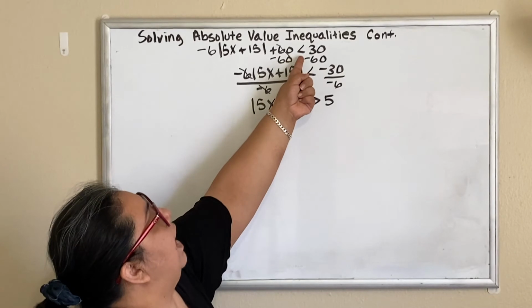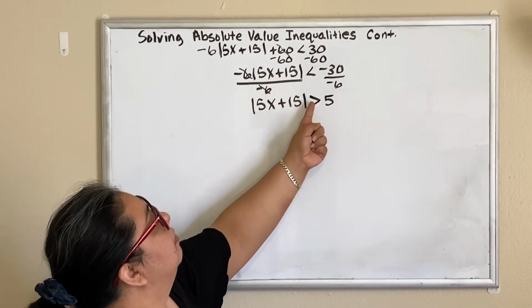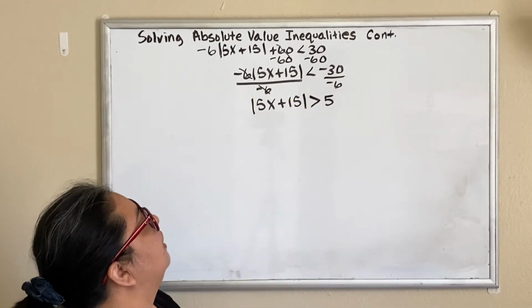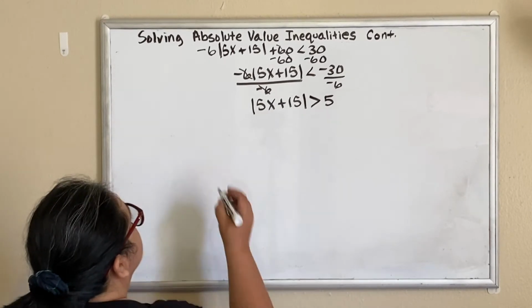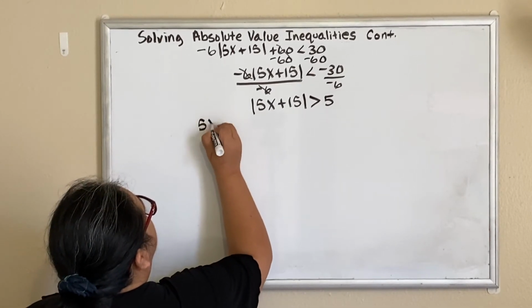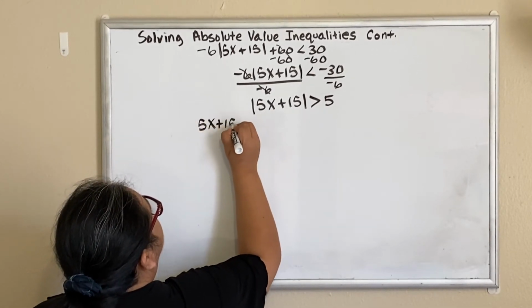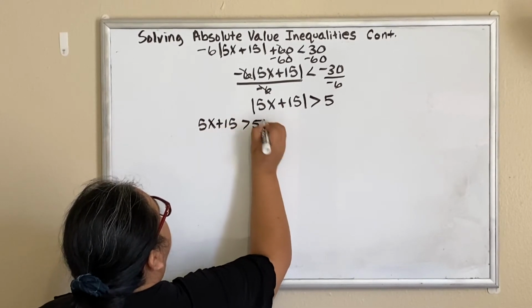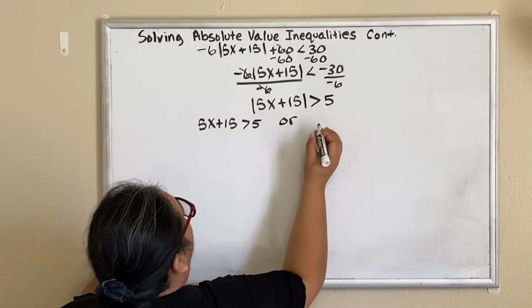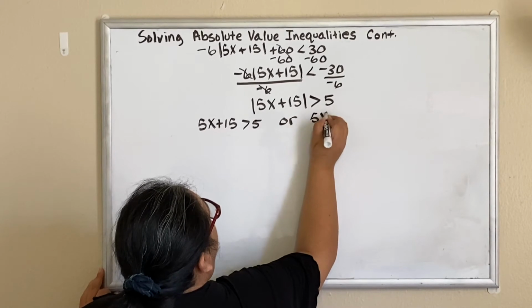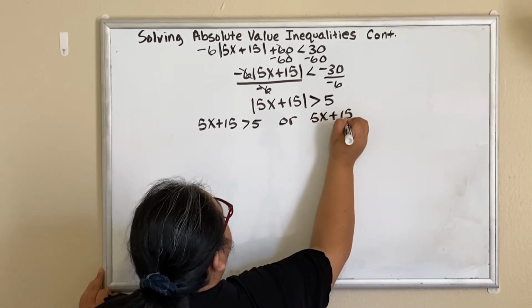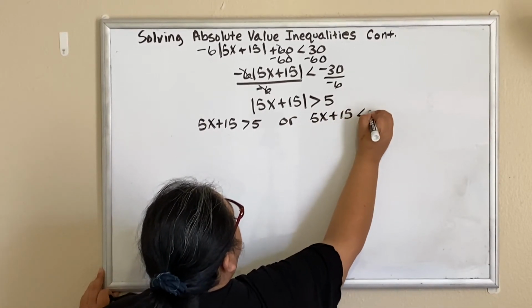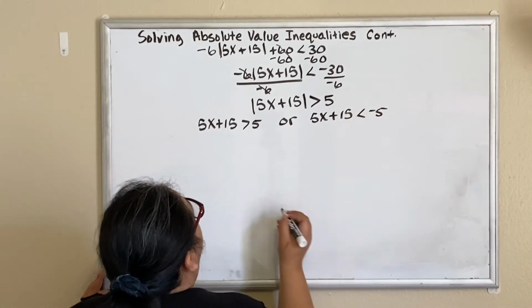It looked like an and statement at the beginning, but it's actually an or statement. So now we're going to make two inequalities. 5x plus 15 is greater than 5, or 5x plus 15 is less than negative 5.